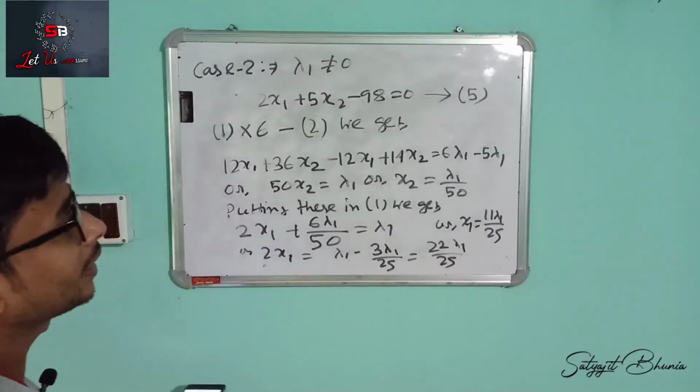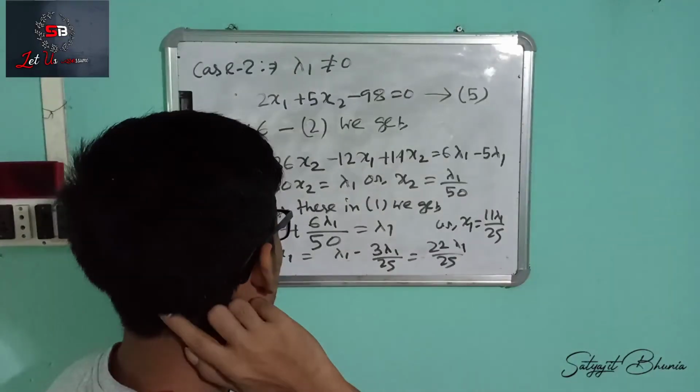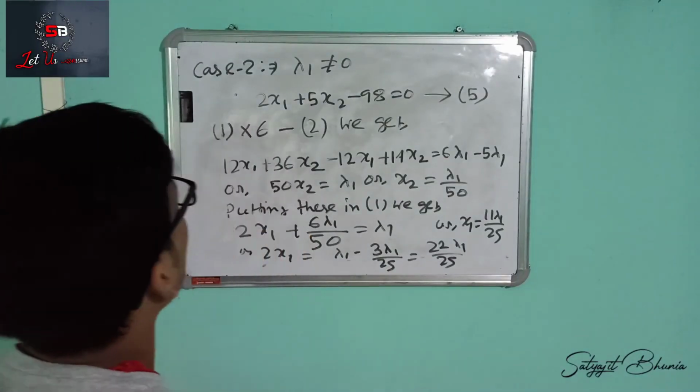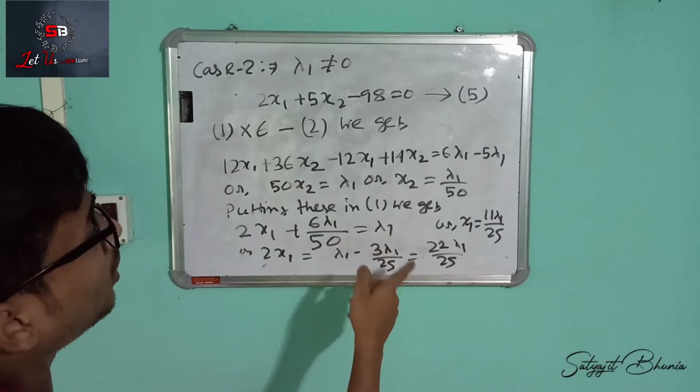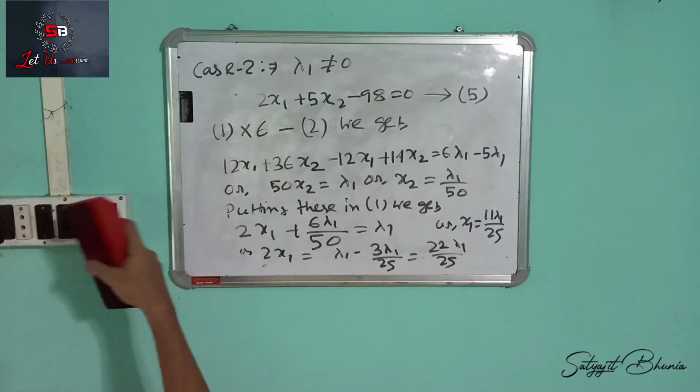So we will get the values of x1 and x2, and now we will put these values in number 5.